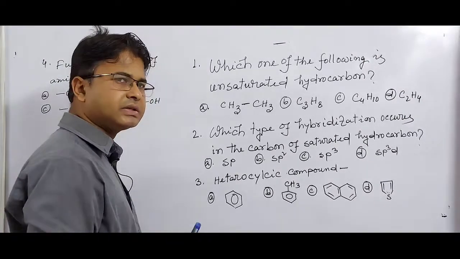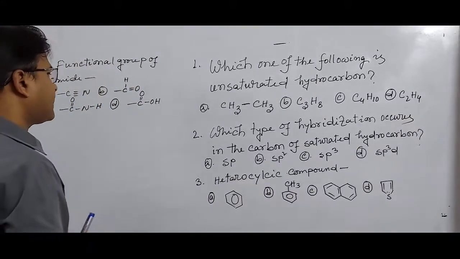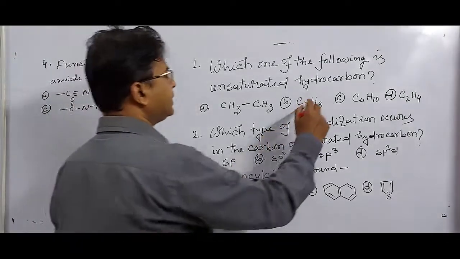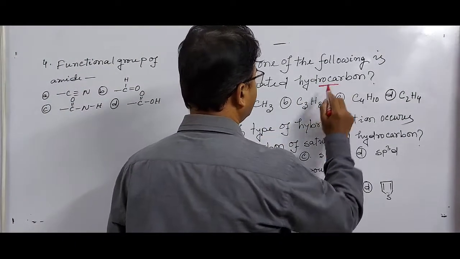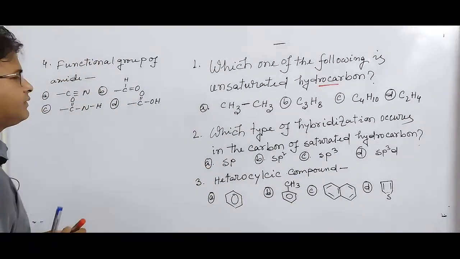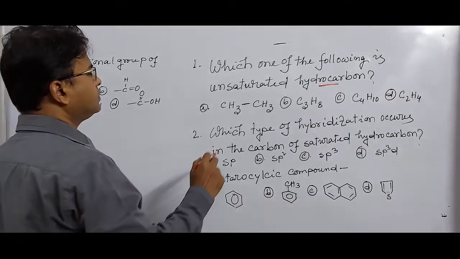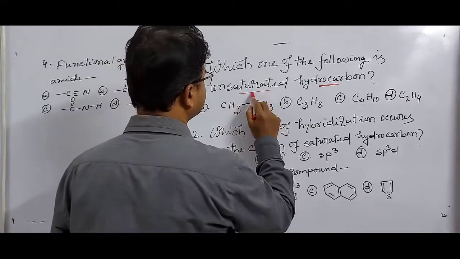Students, you know that the compounds which are formed by carbon and hydrogen are known as hydrocarbon, and if a hydrocarbon contains a carbon-carbon double bond or triple bond, then those are known as unsaturated hydrocarbon.